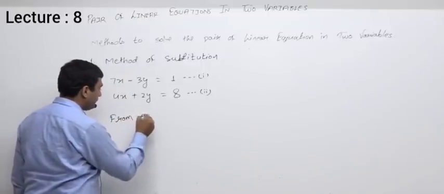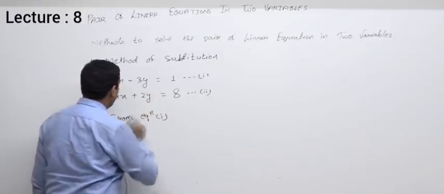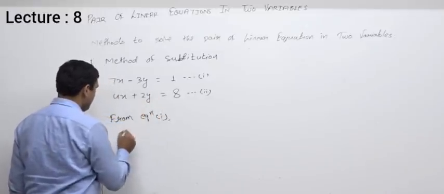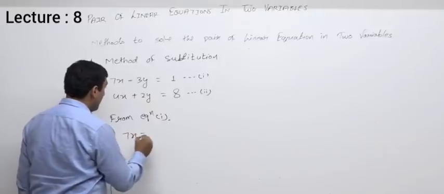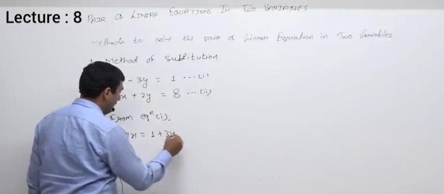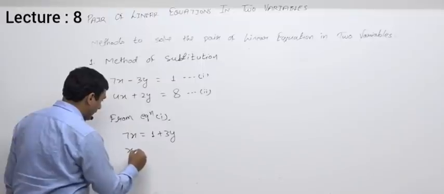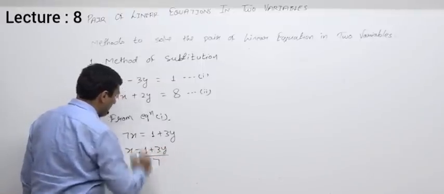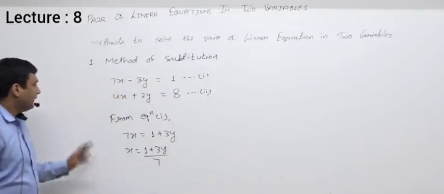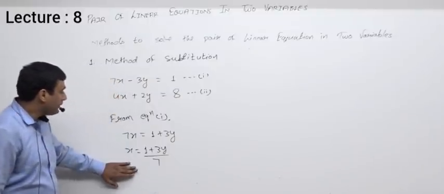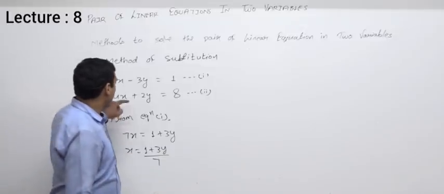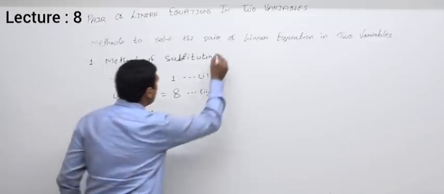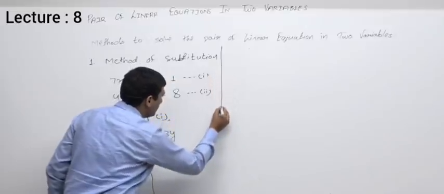From equation 1 I can write 7x is equal to 1 plus 3y. So this gives you x is equal to (1 plus 3y) divided by 7. So now I have to put this value of x in equation 2 to get its solution.